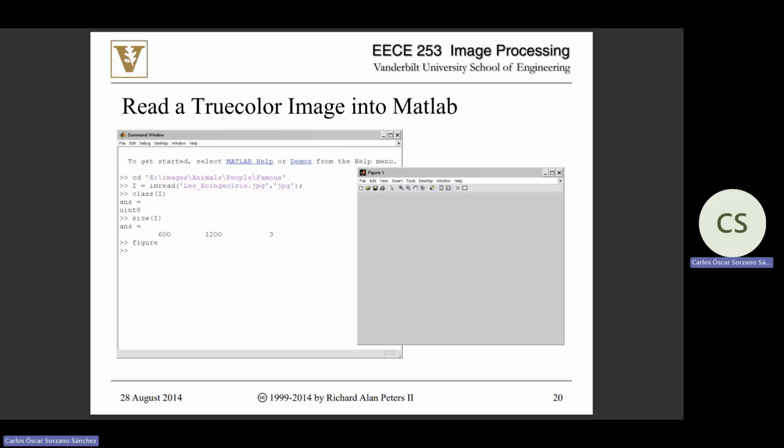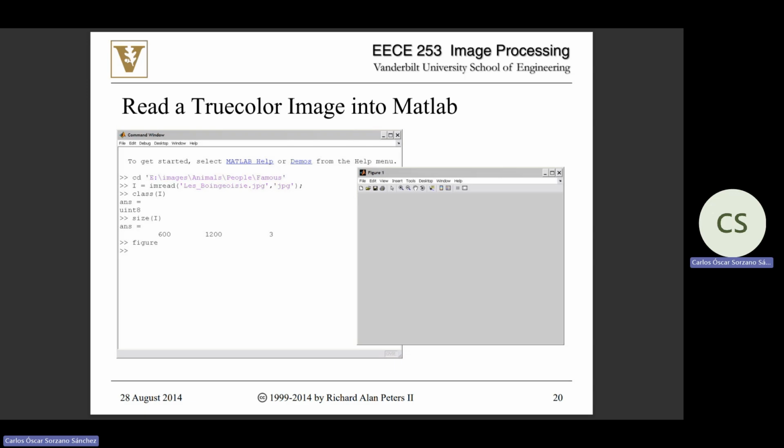You read it, and ask MATLAB what kind of object you have. You see it is an unsigned integer of 8 bits, which is what you would expect, numbers going from 0 to 255.